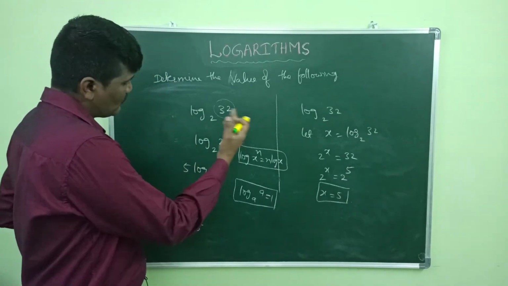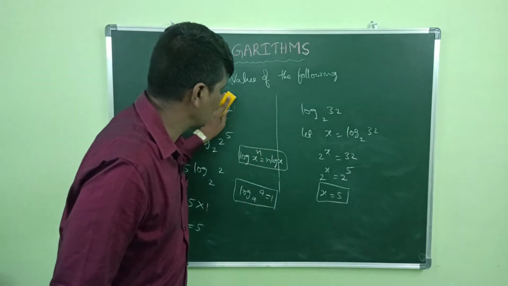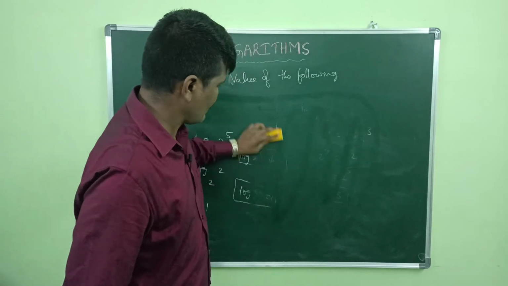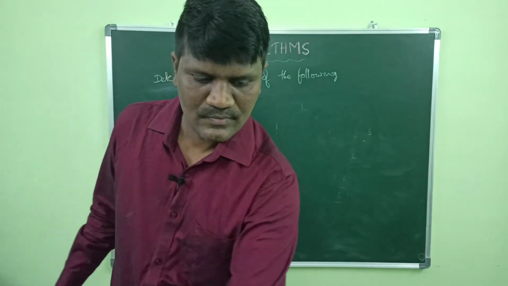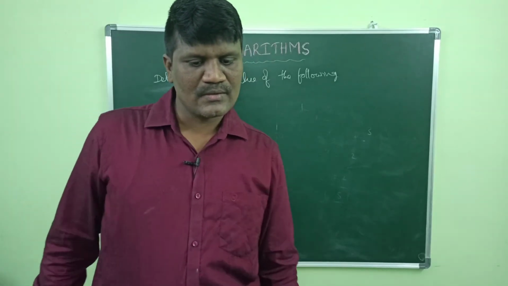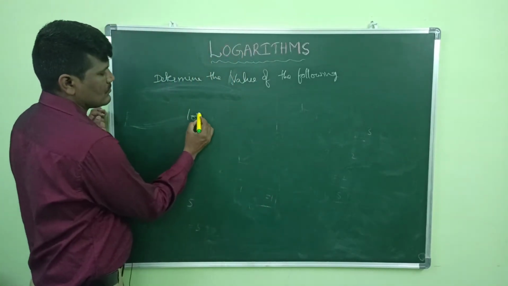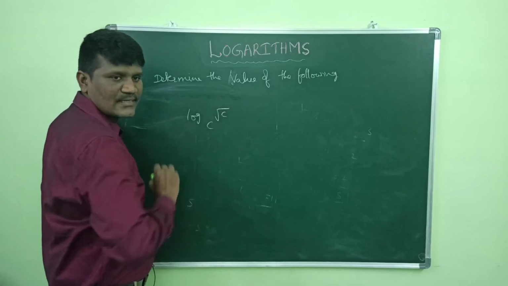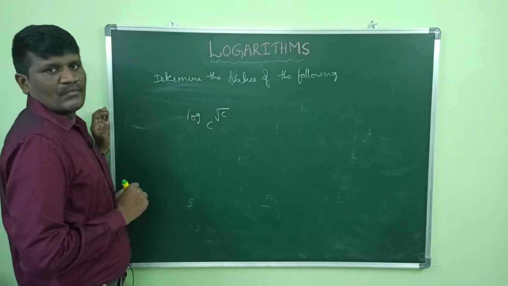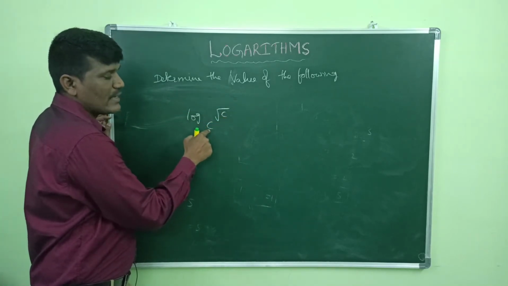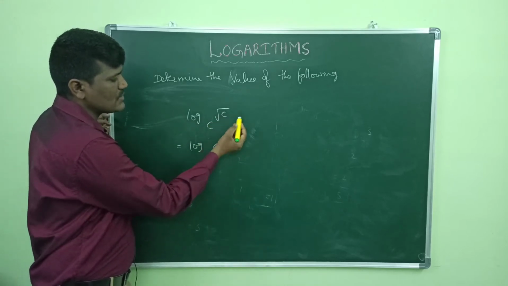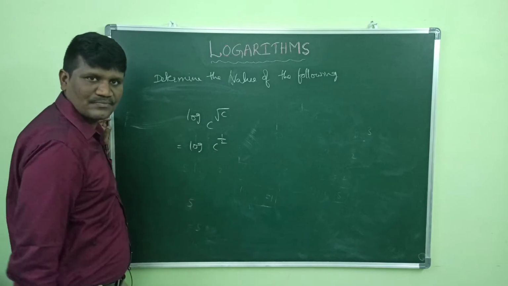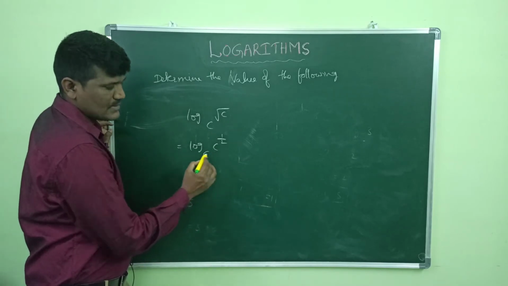Now let us see one more problem. Log root c to the base c. What can I write for this? Root c is nothing but c power 1 by 2, to the base c.